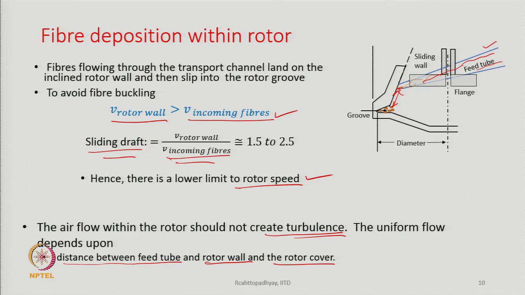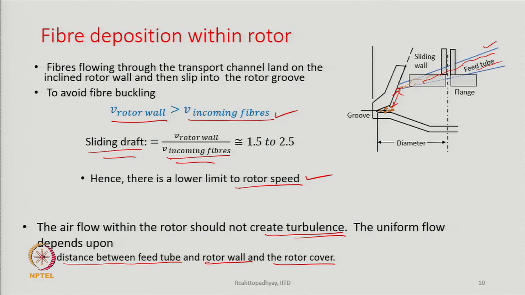Within the rotor, because we are actually sucking air through the rotor, and the rotor itself is also generating air current because it is rotating. So, the air within the rotor rotates, at the same time we are also trying to suck air.